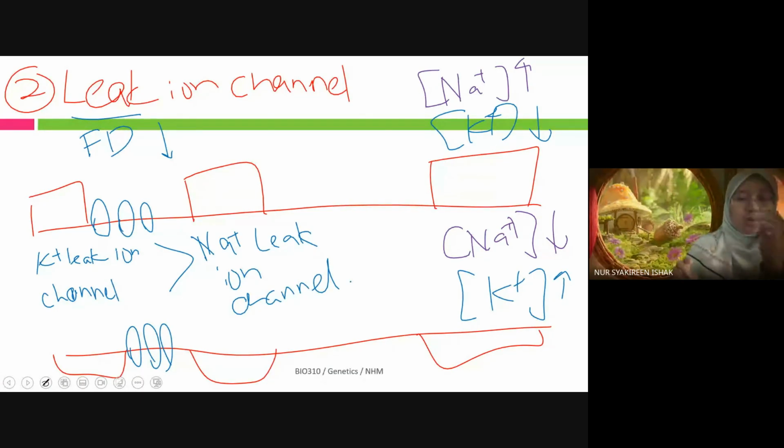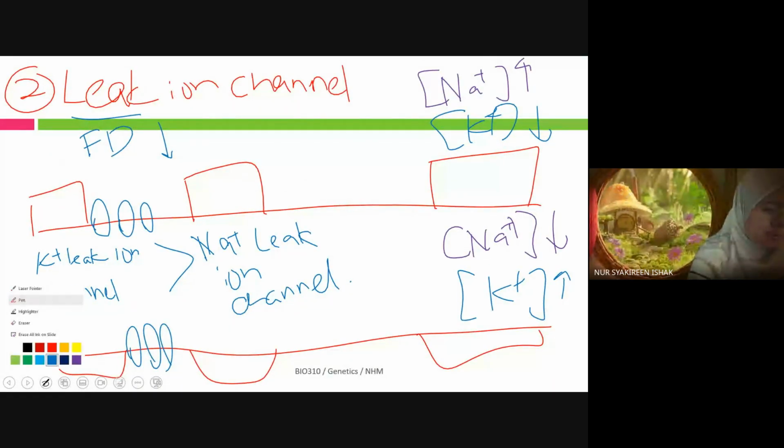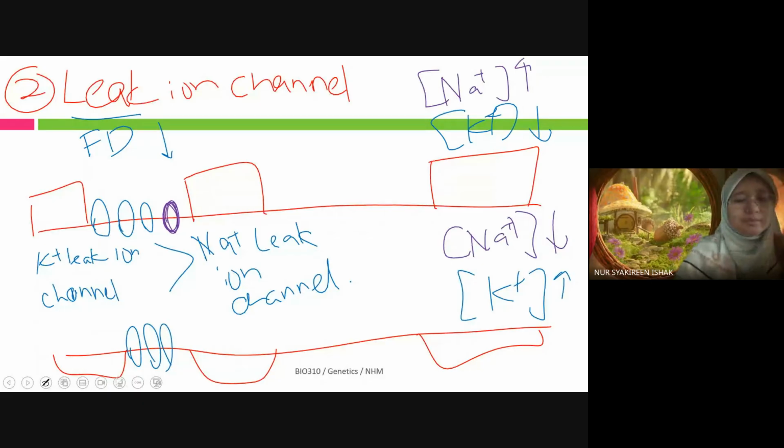Okay, more. So in this case saya draw 3 untuk potassium berbanding dengan, sorry, sodium saya draw 1 je. Ni contoh lah, contoh je. So there will be more potassium leak ion channel compared to sodium leak ion channel.